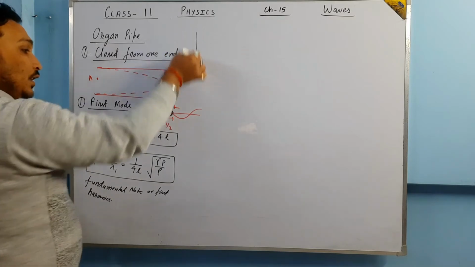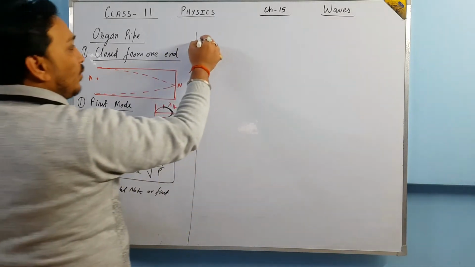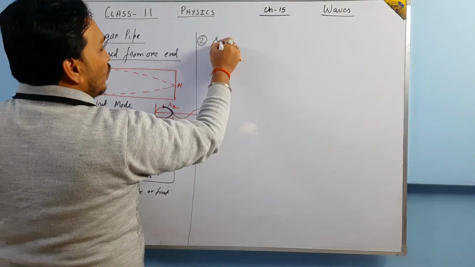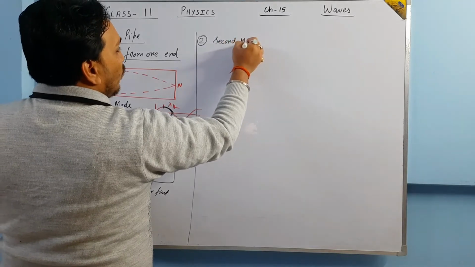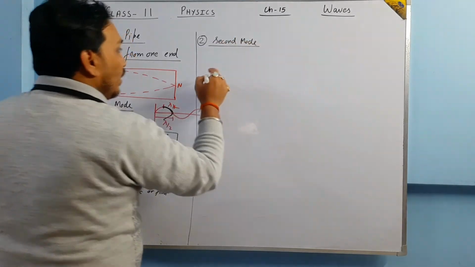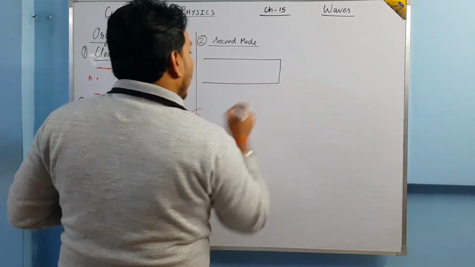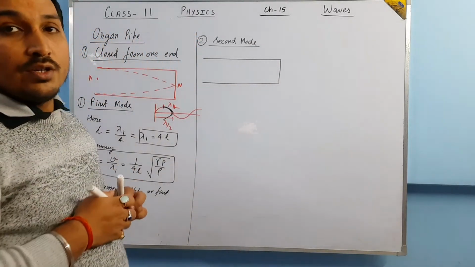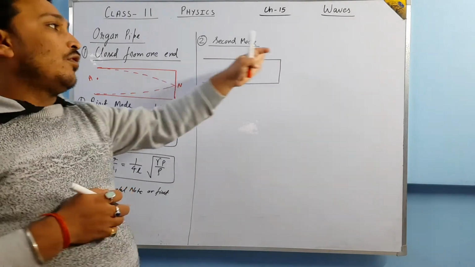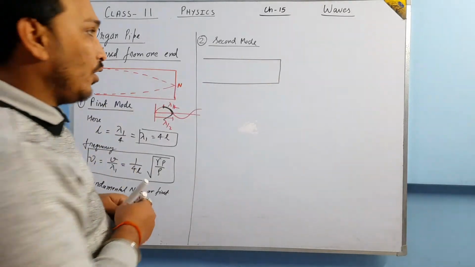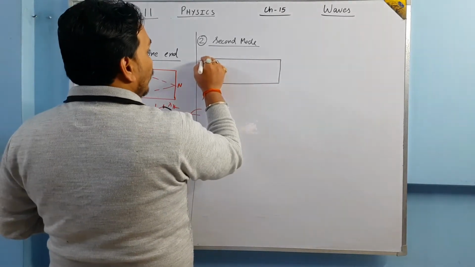Now if we see the second mode of vibration, say this is your organ pipe. You have to follow one condition: on this side an antinode should be formed, and on this side a node should be formed. How is it going to be then? It is going to be like this.